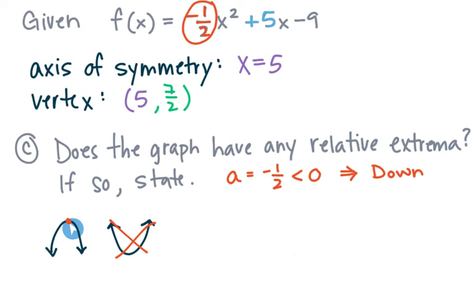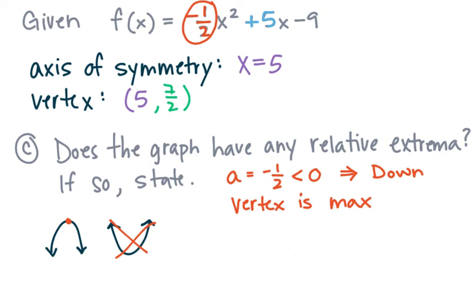So we have a parabola opening down, and what would that indicate about the vertex? Would the vertex represent a max or a min? In this case, since it opens down, the vertex is a max. So remember, the max or the min is y, and the max or the min occurs at some x value.